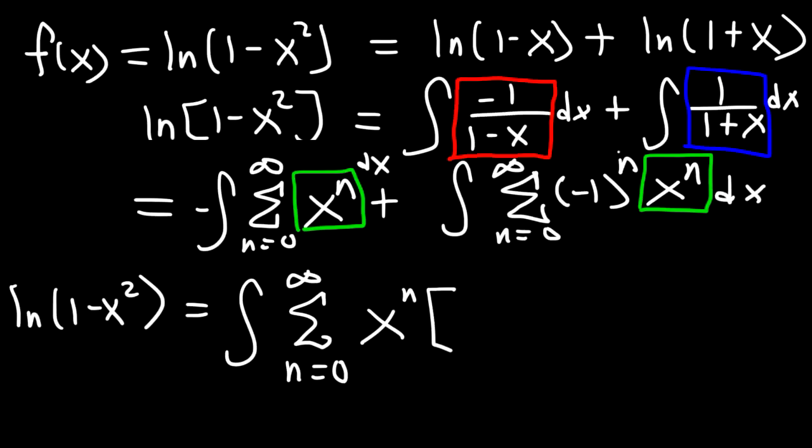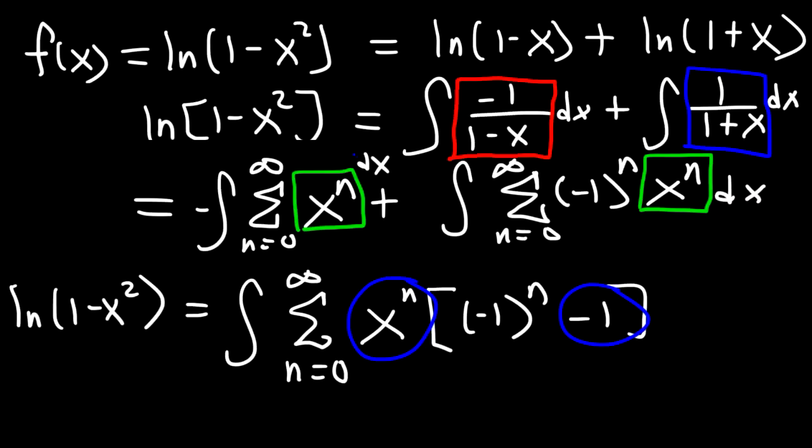And then we're left over with negative 1 to the n. And then we have a negative for this one, so we could just say minus 1. So note that if I multiply x to the n times negative 1, it's going to give me that term. And then if I multiply x to the n by this, I'm going to get this term.